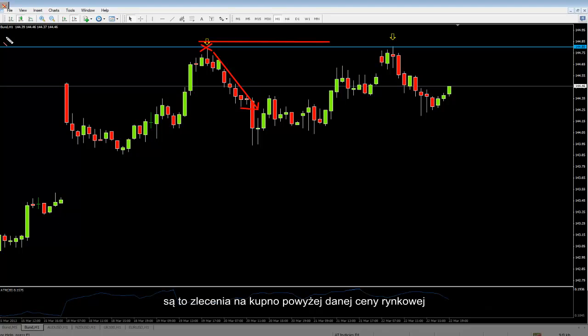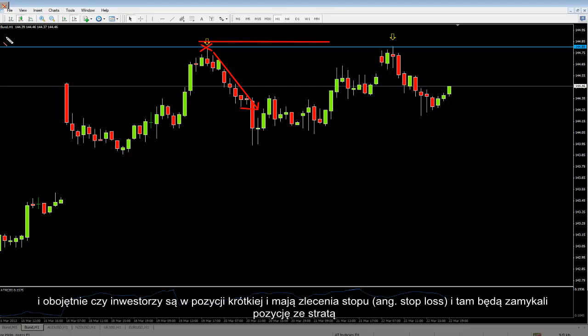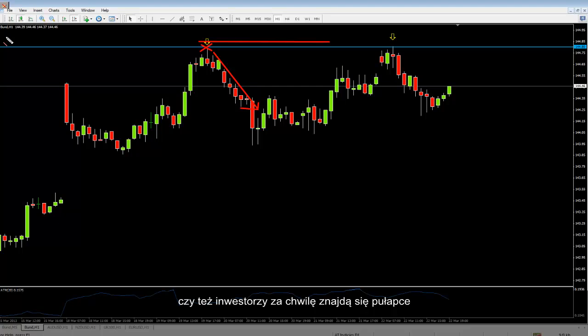If you want to buy above market, you're going to use a buy stop. So whether you're short and you have a stop loss in there to get out for a loss, or whether you are on the sidelines and looking to get long, you're going to have a resting buy stop. Therefore, these areas become what we call liquidity pools for the professionals who know that they need these areas in order to be able to get some decent size onto a trade.